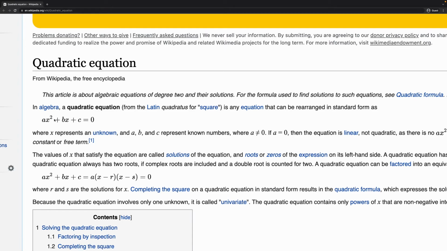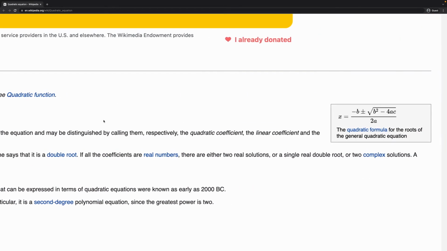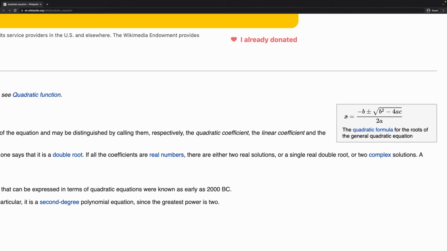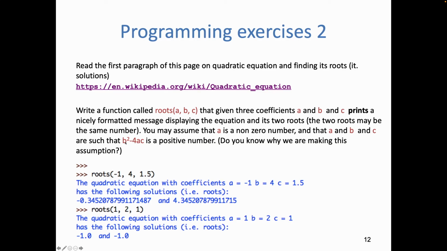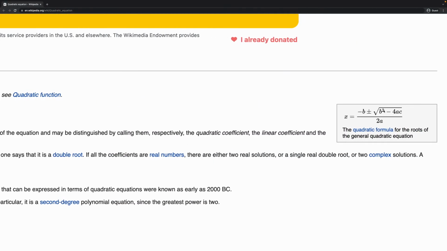And if we want to calculate the roots of the quadratic equation, the formula is this. The roots are calculated by this formula. And here we said that we want to assume that b squared minus 4ac is a positive number. We can see that for this part, if it is a negative number, then the square root of a negative number doesn't exist.